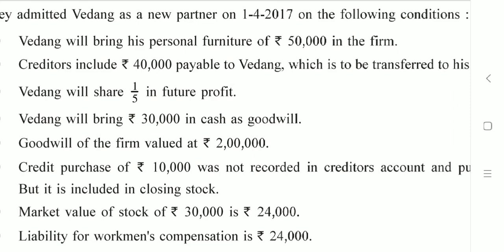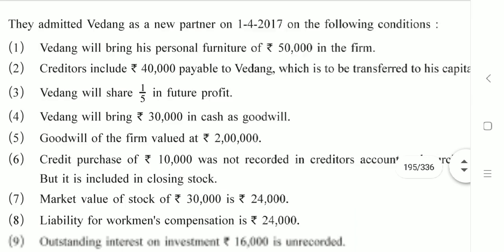It will be easy to understand. Please write down: these three adjustments are related. Write down Vedang's share in goodwill. What does this mean? How much amount Vedang has to bring as premium for goodwill.